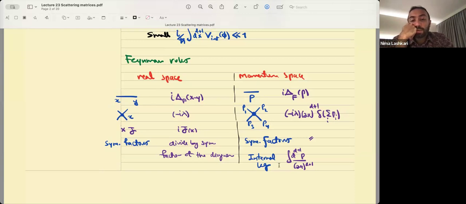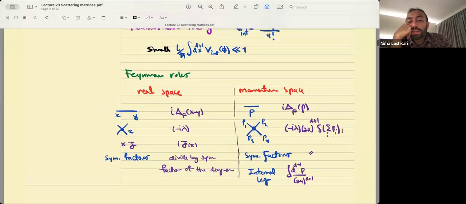Similarly in momentum space, we had integrals over loop momenta that are not external legs, the symmetry factors, and the vertices come with minus i lambda, the interaction term. And then there's conservation of momentum and energy at every vertex, as one expects.